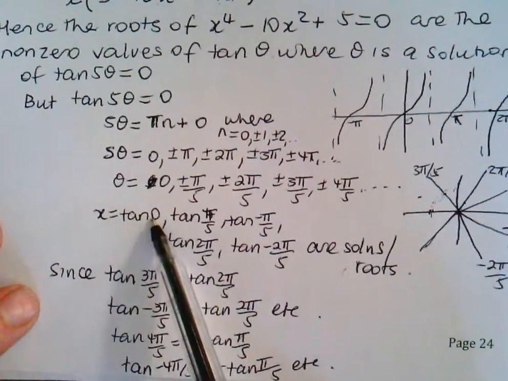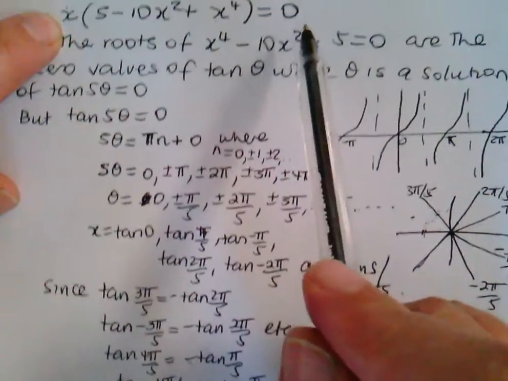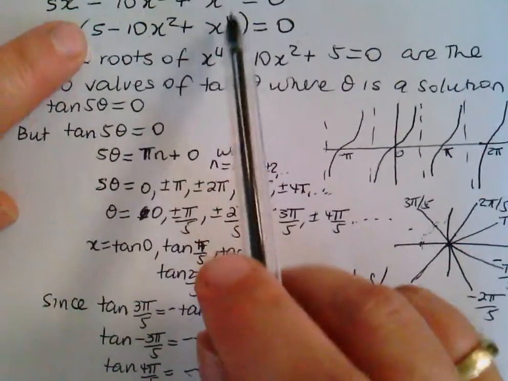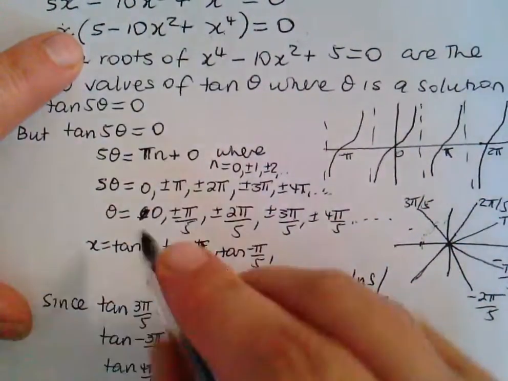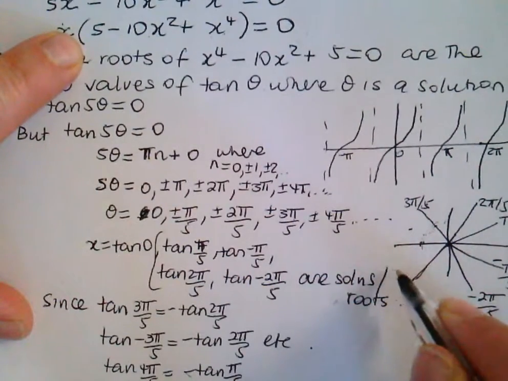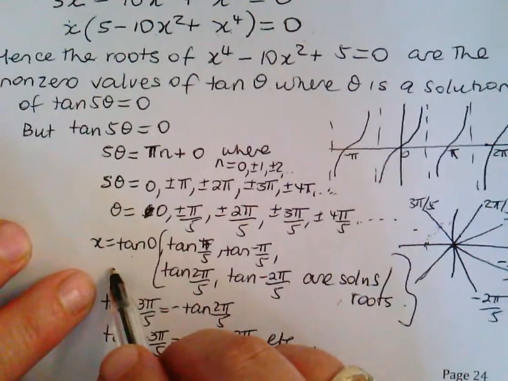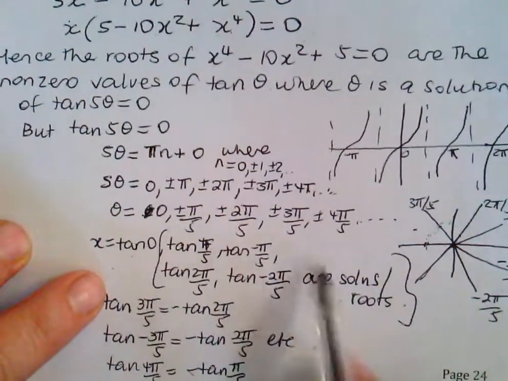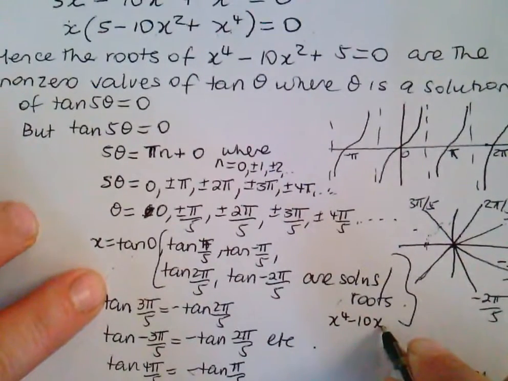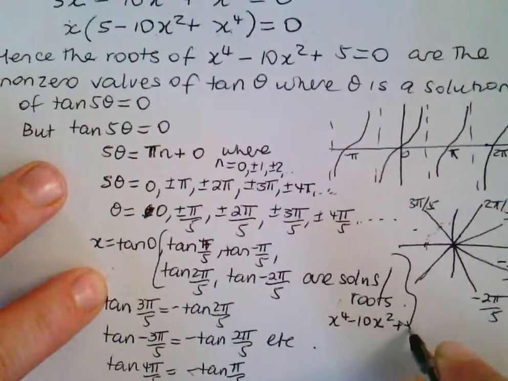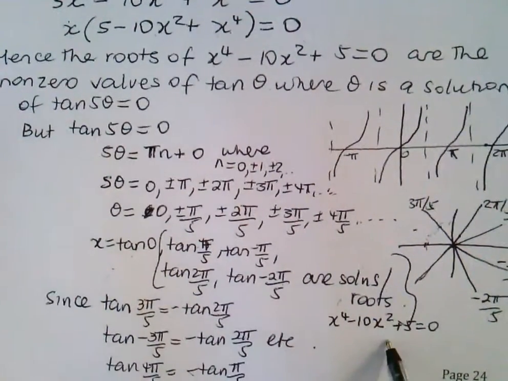Remember, tan 0 was the solution x equals 0 here. And the x to the power of 4 minus 10x squared plus 5 has these 4 solutions. So that is your solution to the x is 0 bit, and these are your solutions or roots to x to the 4 minus 10x squared plus 5 equals 0. Do you get it, that those 4 are the other solutions?